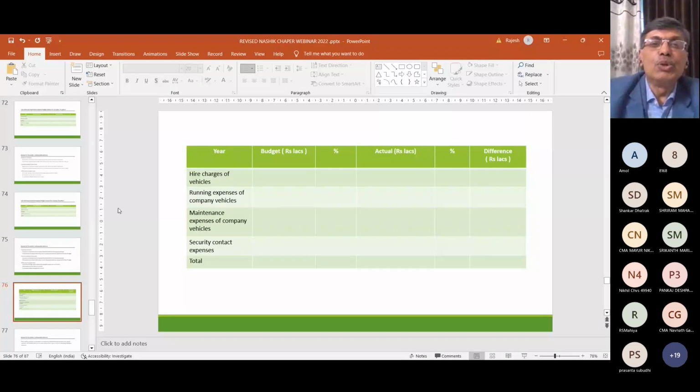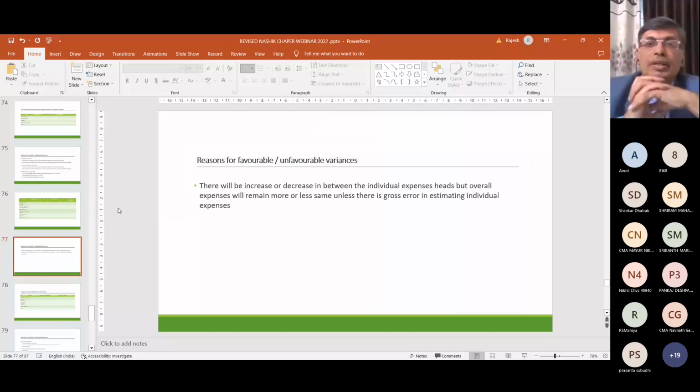Now, this is the security department expenses, budget versus actual. Higher is running expenses of vehicle, maintenance expenses, security contract expenses, and total. Now, reasons for favorable and unfavorable variances.